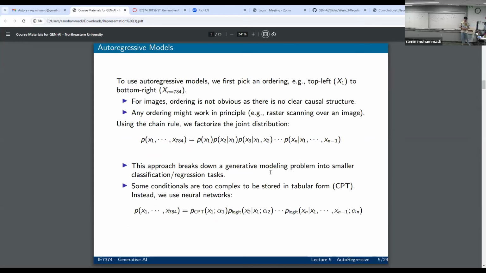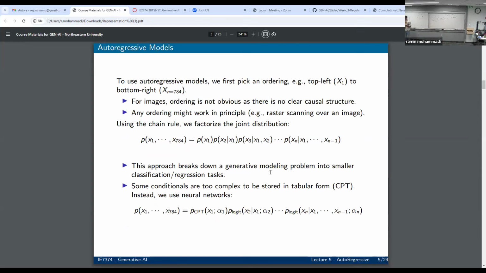And ChatGPT is an autoregressive model, right? Anything that gradually predicts the next image, next pixel, next token, and so on is an autoregressive model. In an autoregressive model, we first pick an ordering for how we want to scan the image, because you need to start from a corner and keep regressing.